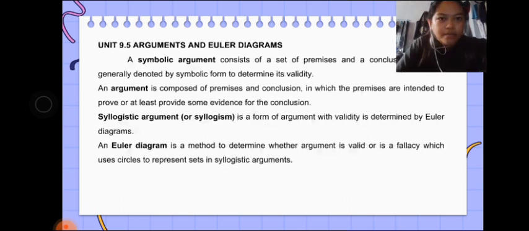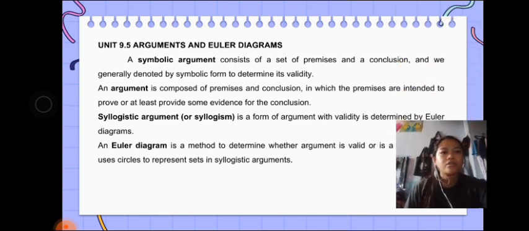Next is Unit 9.5, Arguments and Euler diagrams. A lot of arguments involve set usage and quantifiers: all, some, and none. A symbolic argument consists of a set of premises and a conclusion, and we generally denote it by symbolic form to determine its validity.